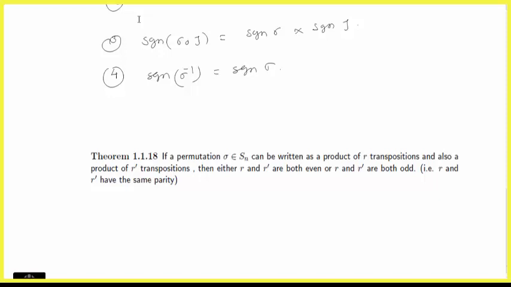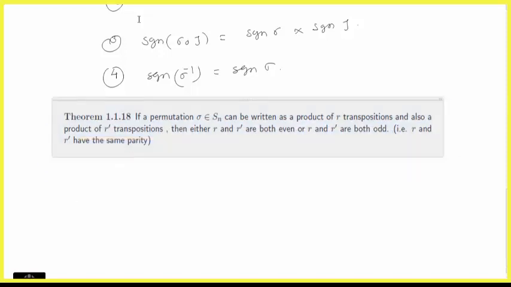Next, we have to see the proof of this interesting theorem. The statement of the theorem is, if a permutation sigma belongs to Sn can be written as a product of R transpositions and also a product of R dash transpositions, then either R and R dash are both even or R and R dash are both odd.